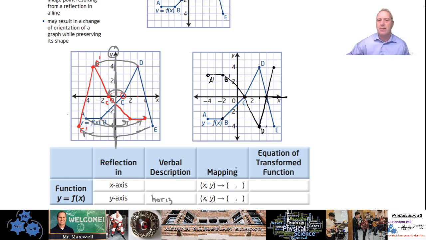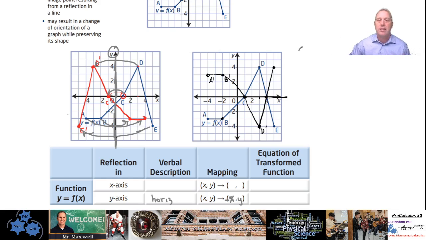And the mapping, what happens to all of the points? Sorry, it's a negative x and the same y. My apologies. It's negative x comma y. That's the horizontal flip. The x values change.